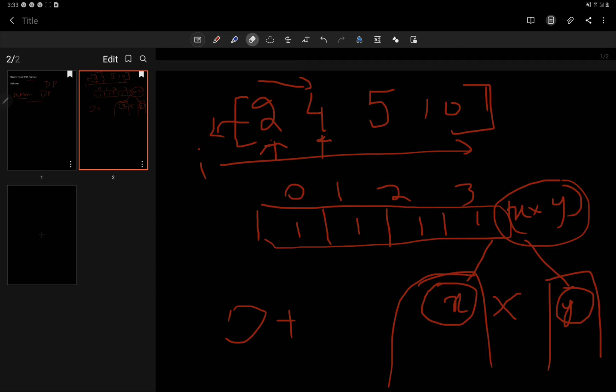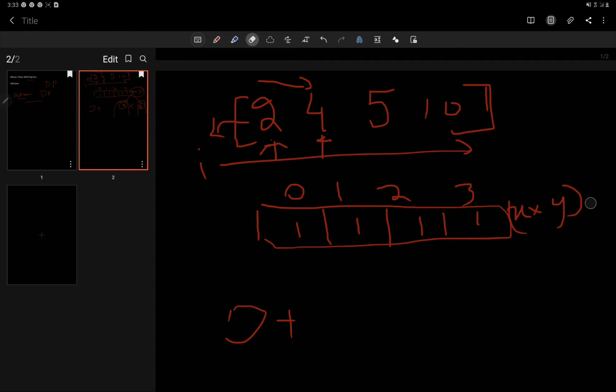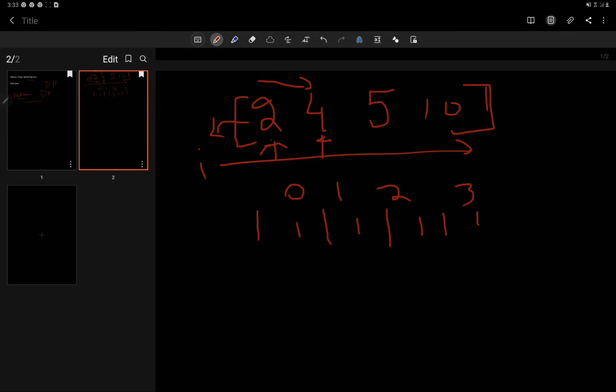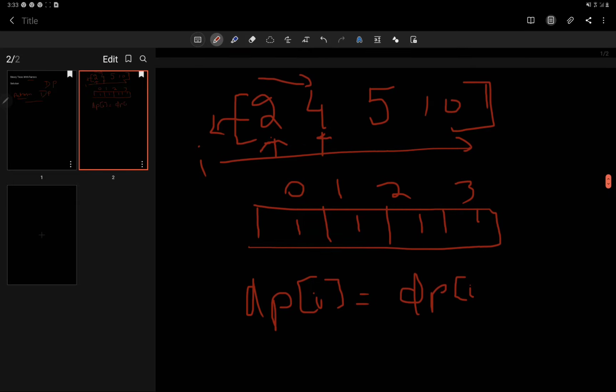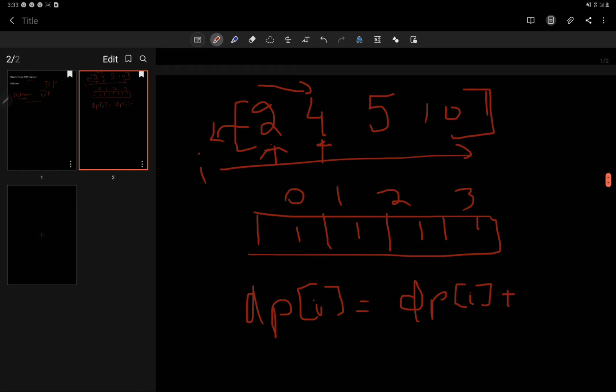So we will write the algorithm in a way that dp of i equals dp of i, whatever value is there, plus the multiplication of dp of j and dp of i by j.